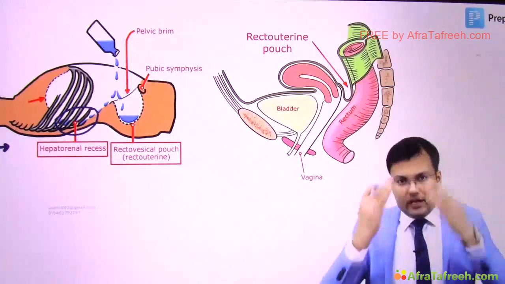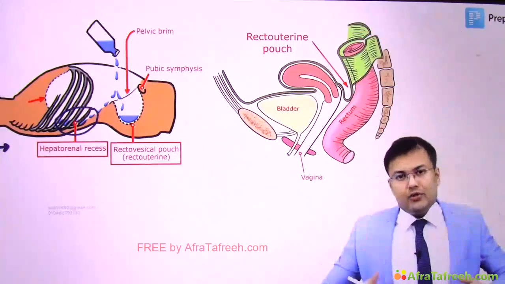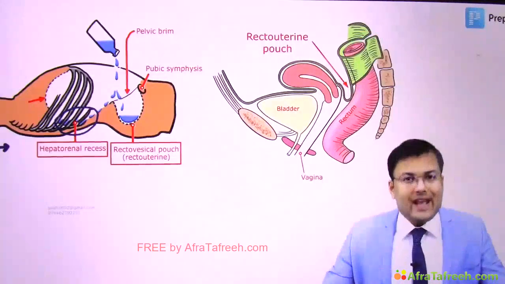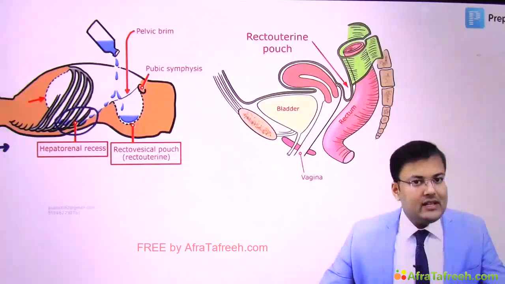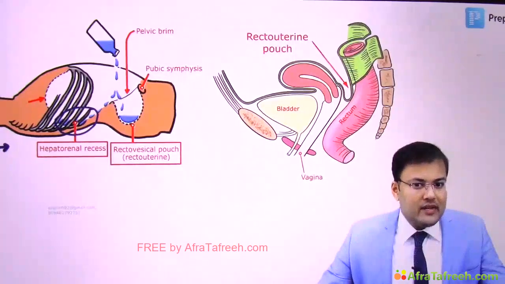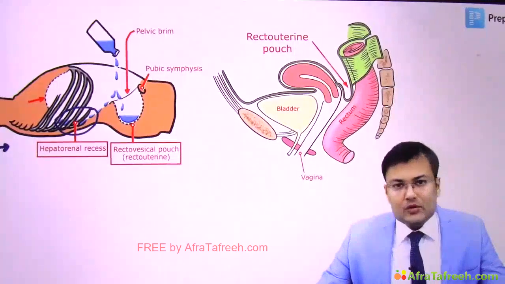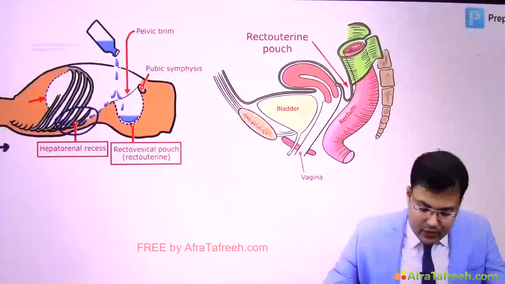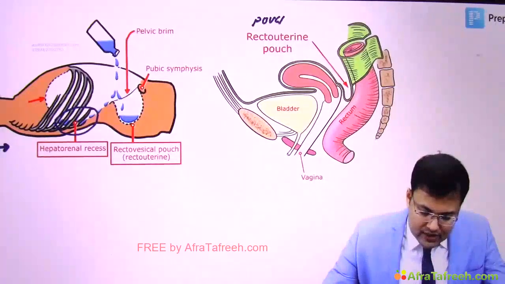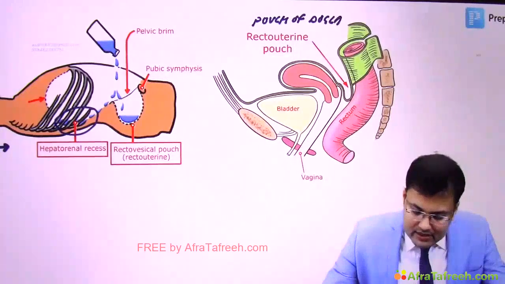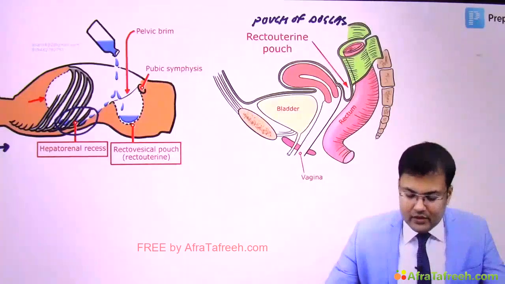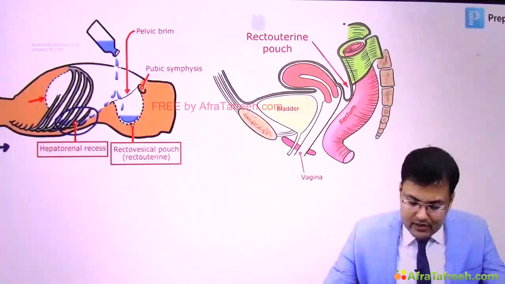And if the patient is in the upright posture, what is the most dependent cavity? The most dependent cavity is the recto-uterine pouch, also known as pouch of Douglas. It is also known as rectovesical pouch in males. So what's the name of this pouch? This is known as pouch of Douglas. Indirectly, this is the pelvis. Clear? Okay.